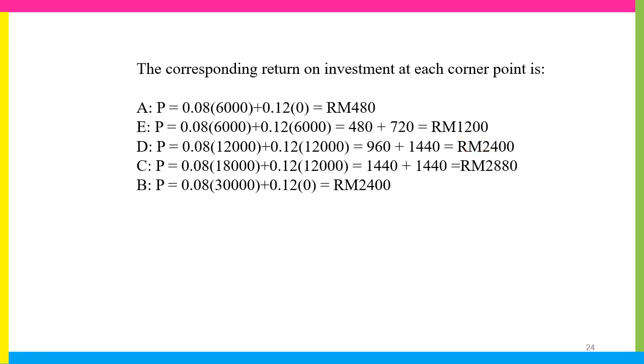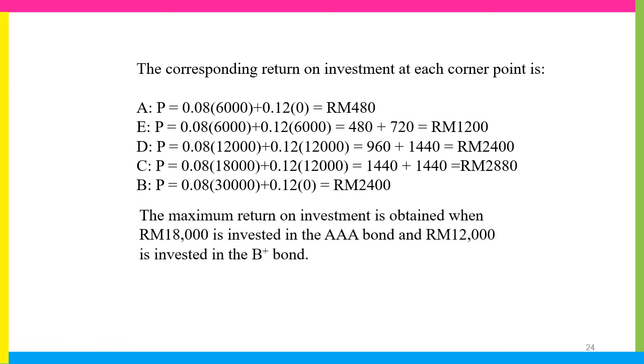Okay, so out of these 5 investments, which one gives you the maximum return? The maximum return on investment is obtained when X equal to 18,000. 2,880 is the maximum return we have. X is the investment spent on the AAA bond.